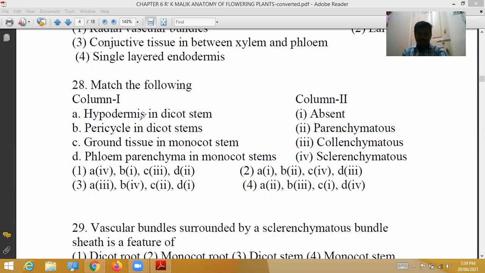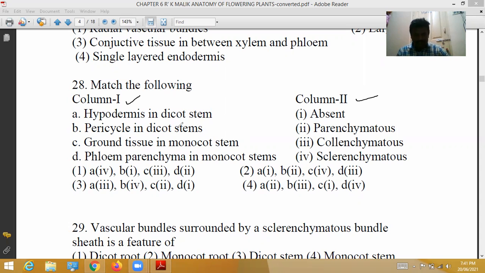Next, 28th question. Match the following, column 1 and column 2. So see here, hypodermis in dicot stem.